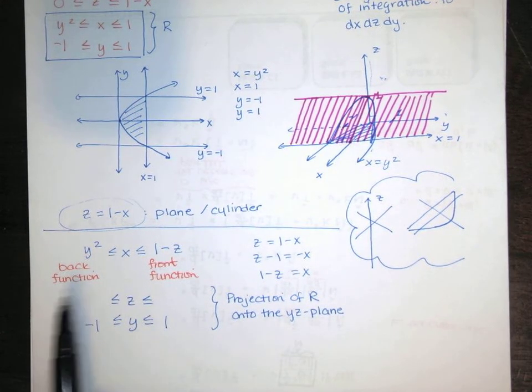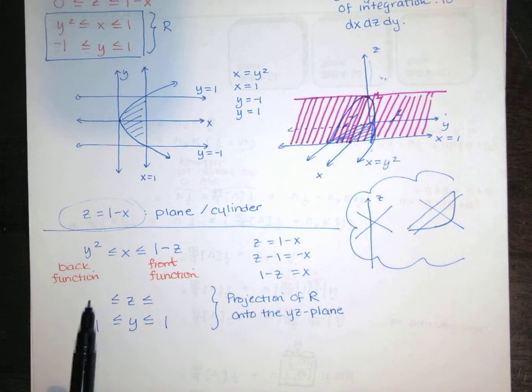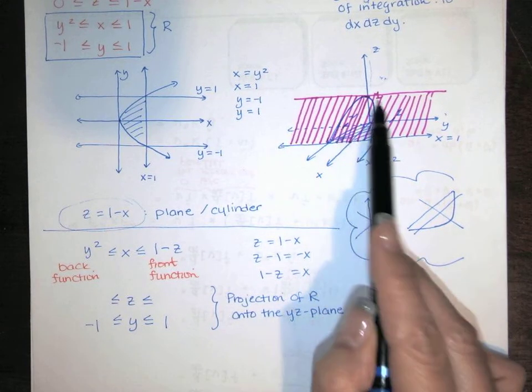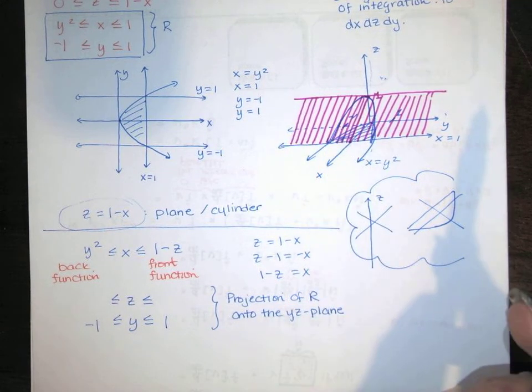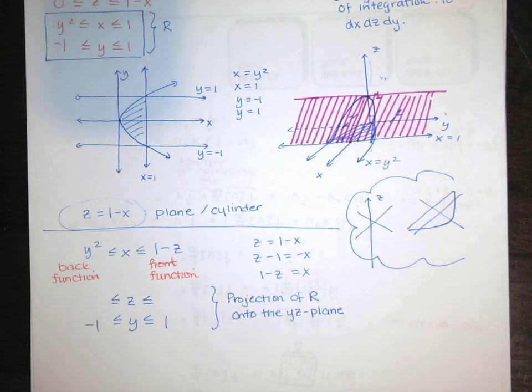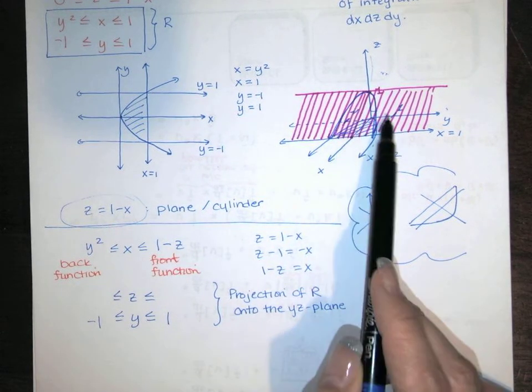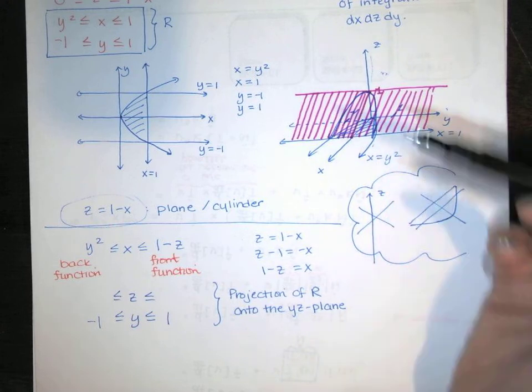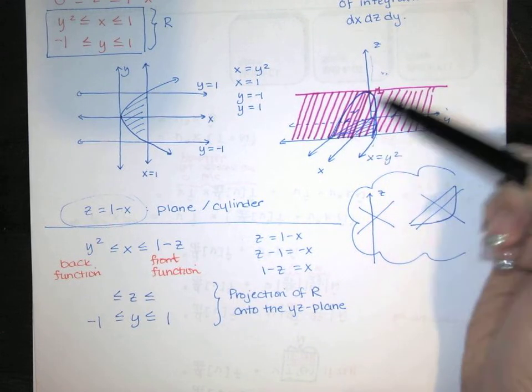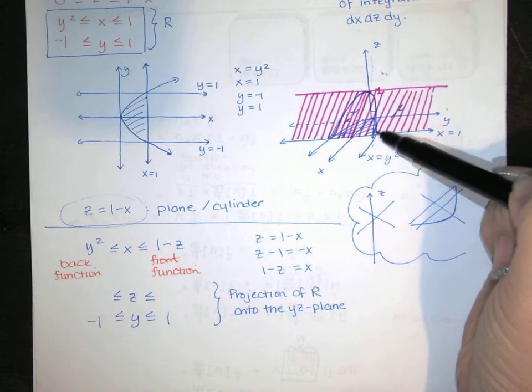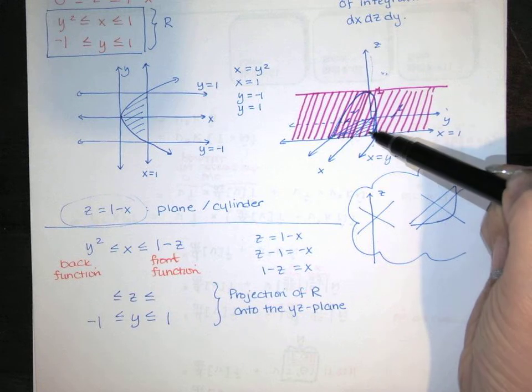The harder part is finding the boundaries for Z. Say, what does Z have to be as a function of Y? Well, here's what we're going to do. In order to figure out what Z is as a function of Y, I need to figure out where this parabola, x equals y squared, meets the plane x equals 1 minus z.